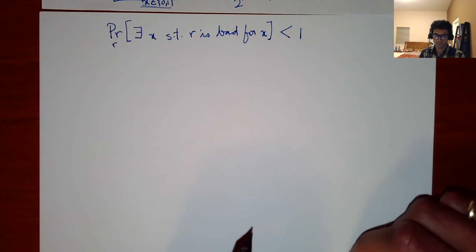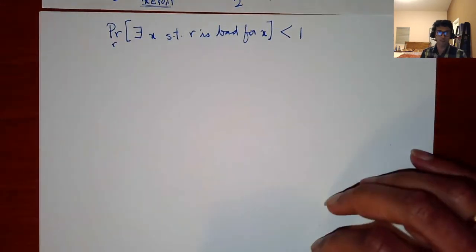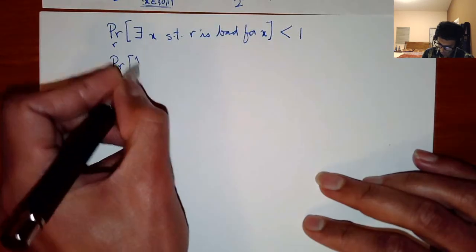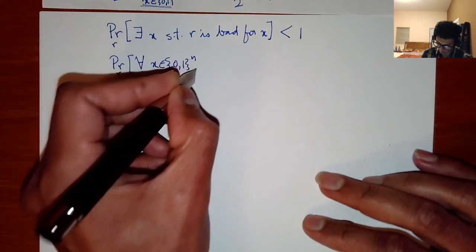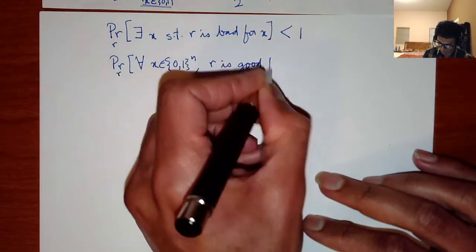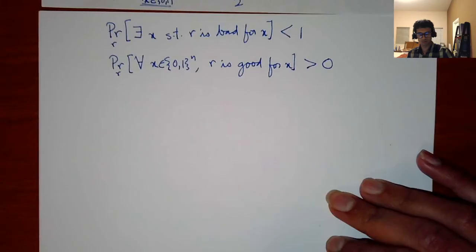Okay? I'm just going to take the complement of this event. So now I can say the probability over R such that for all x in {0,1}^n, R is good for x is strictly greater than 0.